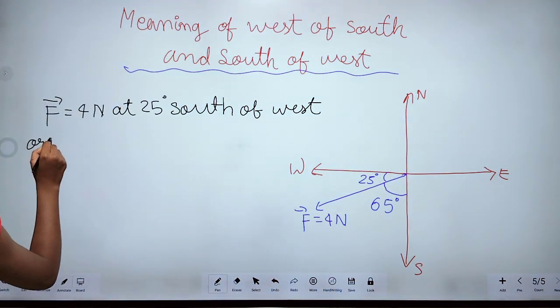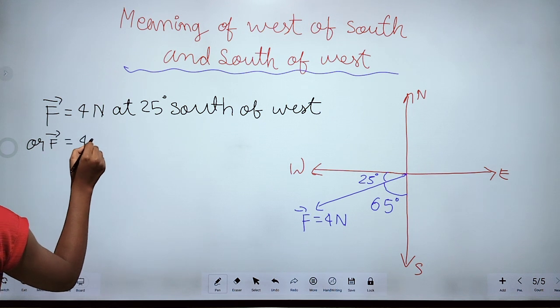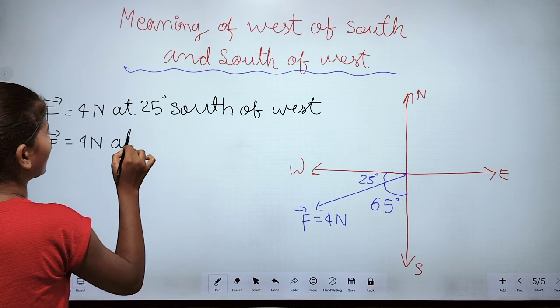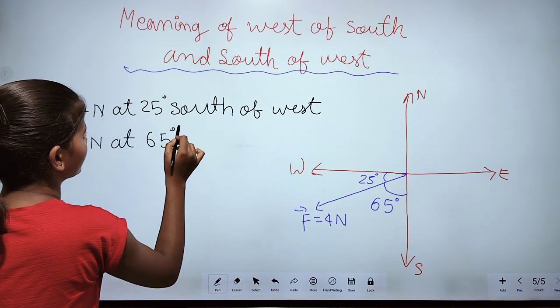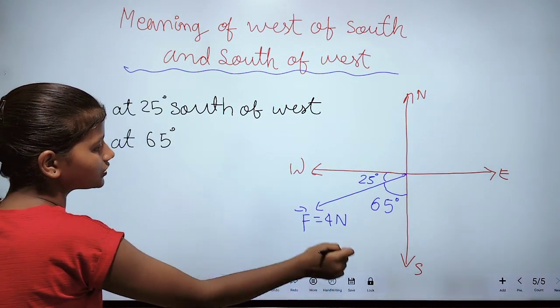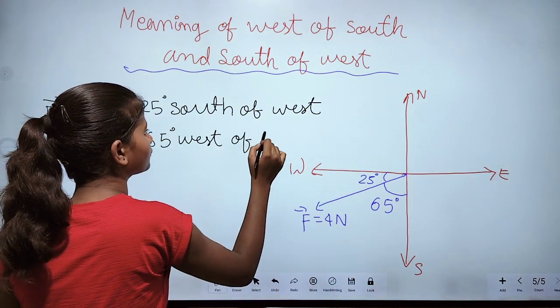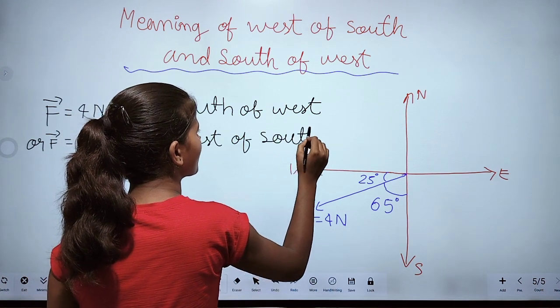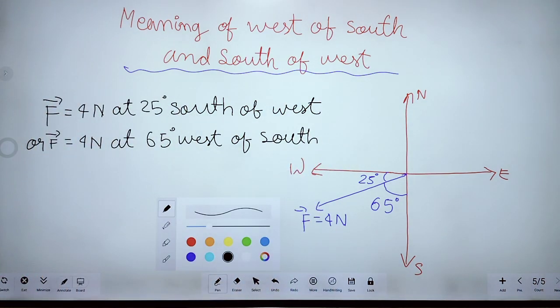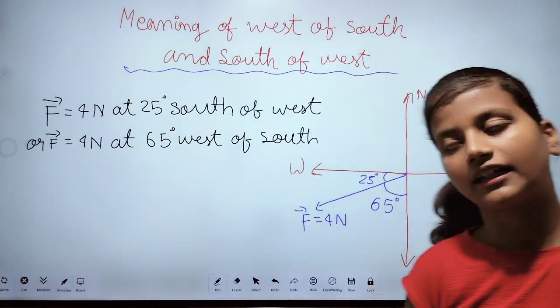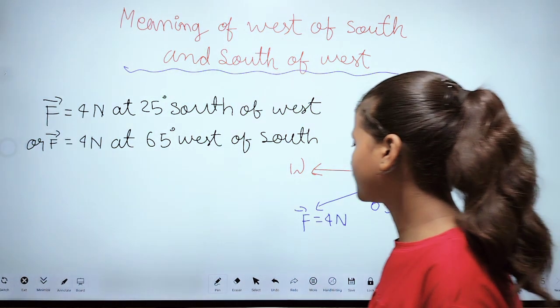Or you can also write like this: if force is equal to 4 Newton at 65 degree west of south. Okay. 65 degrees is formed with south, that's why it is written in last. Okay.